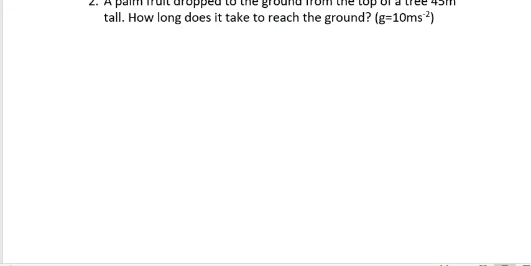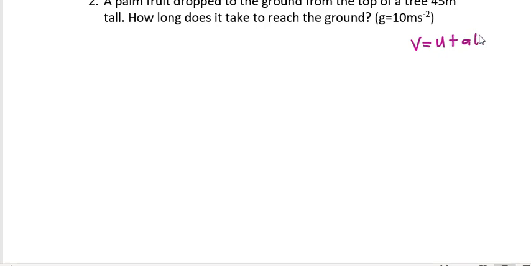Now remember the formula we've talked about before. The second question says a palm fruit dropped to the ground from the top of a tree 45 meters tall. How long does it take to reach the ground? This how long is talking about time. Now remember from the formula, just write them down before you solve. V equals u plus at.